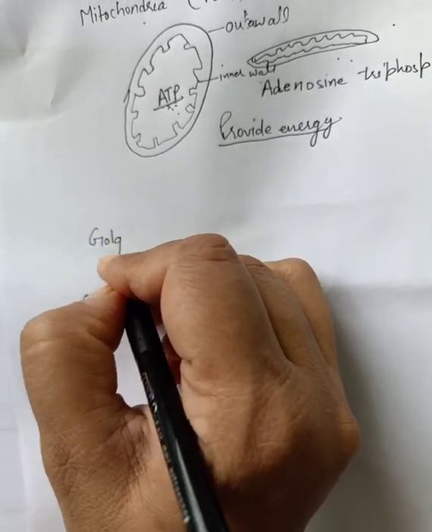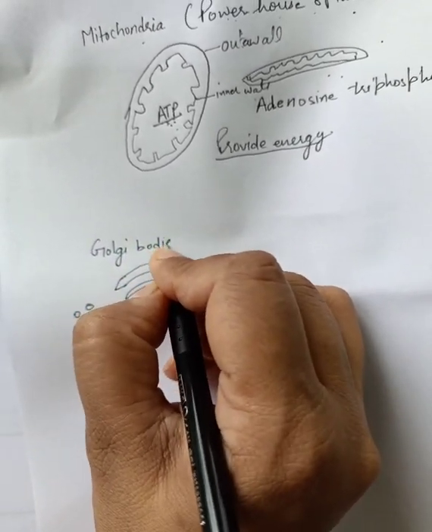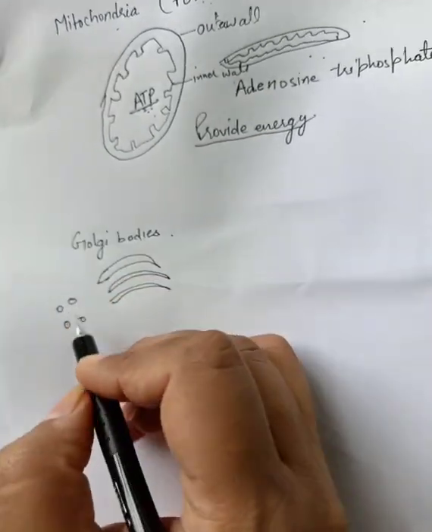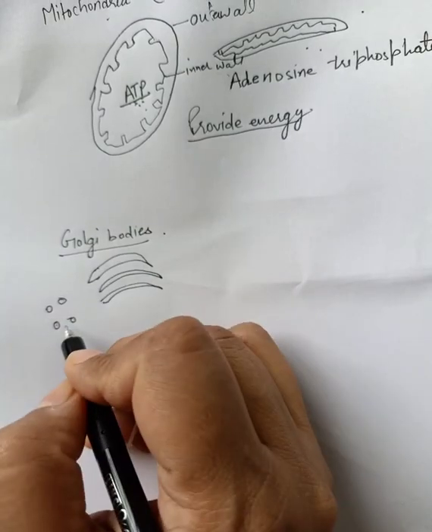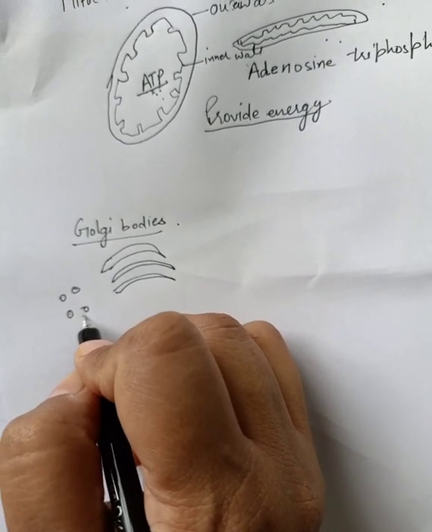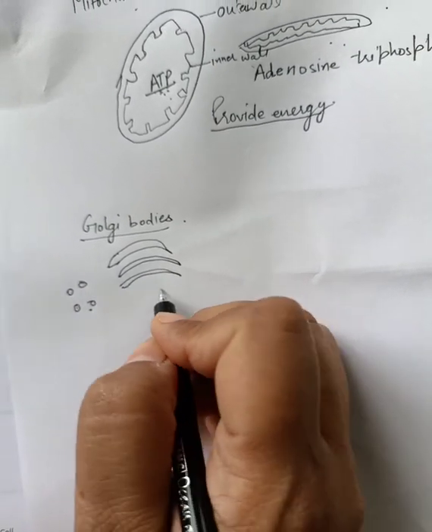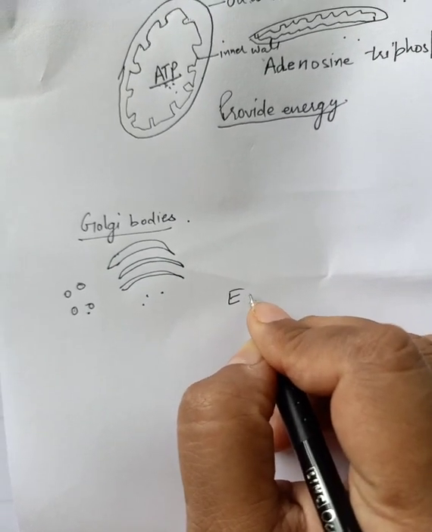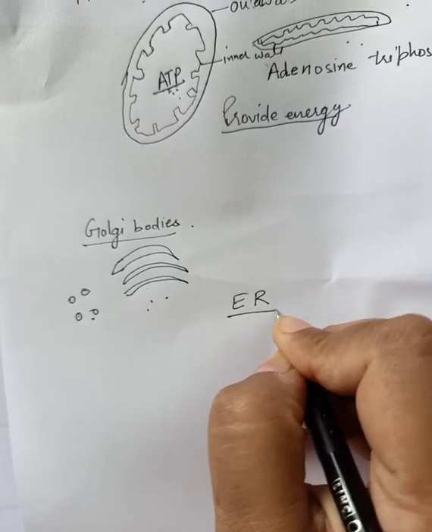These are Golgi bodies. How will you write about Golgi bodies? They occur in the form of granules, filaments or rods, which are supposed to originate from the endoplasmic reticulum, as we have already discussed.